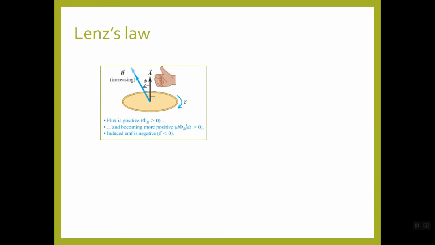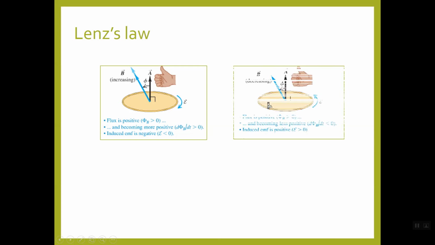Another way to look at it is if you have a flux that's positive and it's becoming more positive, it's increasing, then the induced EMF is negative, so going this way. If you have a flux that's positive, but it's becoming less positive, it's decreasing, then the induced EMF is positive, so going counterclockwise in this case.